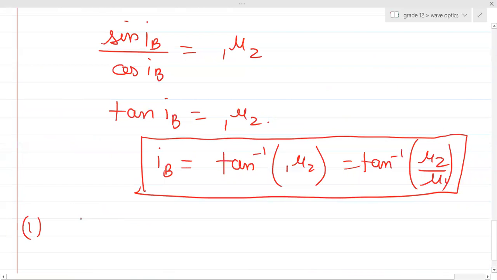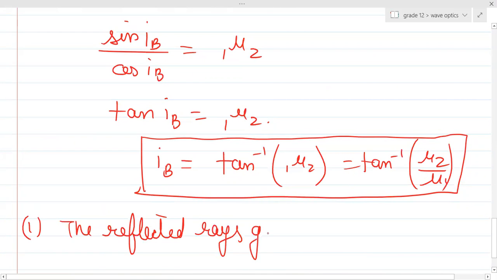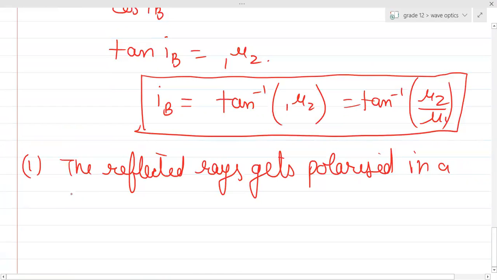First, the reflected ray gets polarized in a plane, or polarized in the plane of incidence.